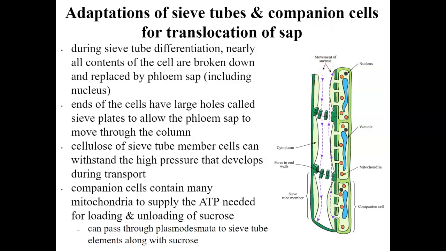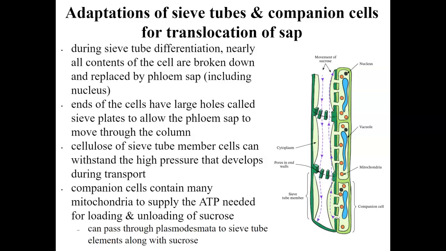We also said that each cell is connected end to end by sieve plates. So there are openings between the sieve tube members to allow sucrose to be transported from cell to cell to cell.